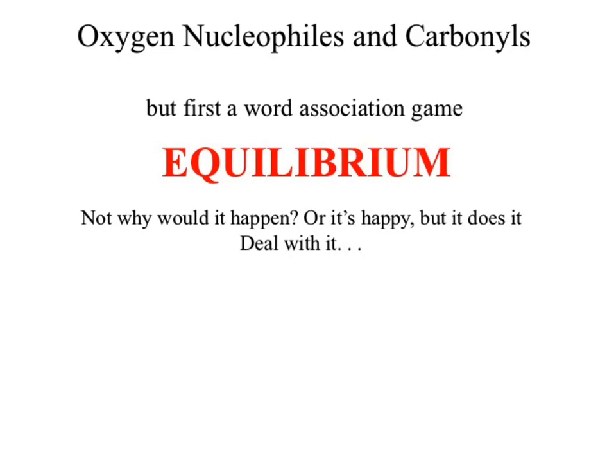Okay. So a lot of the things that we've talked about happen to be why does something happen? Okay. Or it's happy. It's more stable. We can't really use that argument when we're looking at a reaction that is strictly in equilibrium. We have to start using everybody's next favorite scientist in relationship to equilibrium.